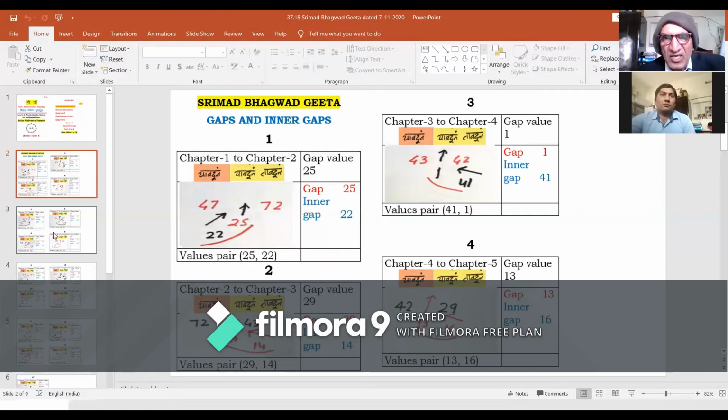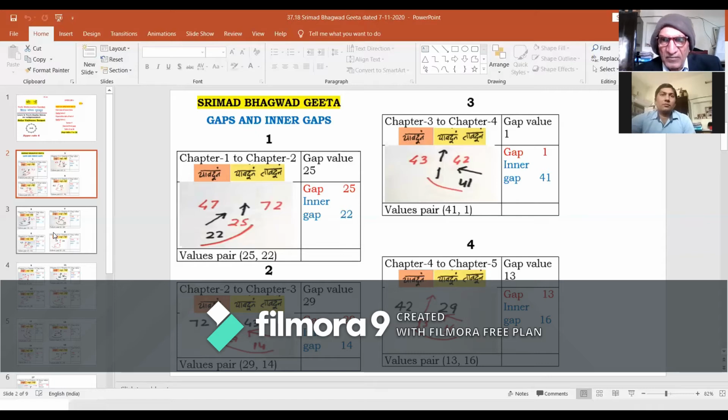This reach of Vedic mathematics deserves to be chased, and these tables 1 to 18 of gaps and inner gaps of consecutive chapters in Srimad Bhagavad Gita are the valuable source of reach of Vedic mathematics.